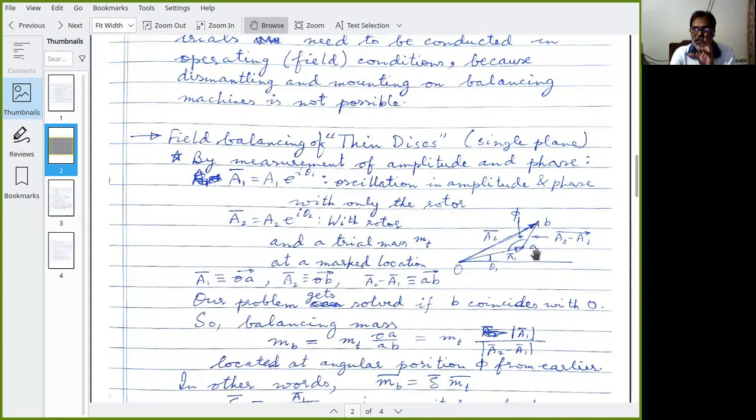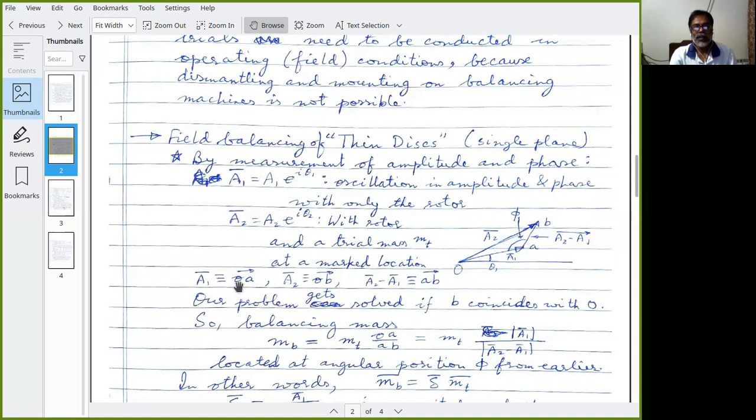Then it gets scaled. A 20-gram trial mass, when you multiply it with this length by this length, becomes something like 28 grams. And then through this phi angle, if you turn it in the axial position, then you get to the correct position where the effect of the trial mass would be this. So that is what we need to find out, and that's it.